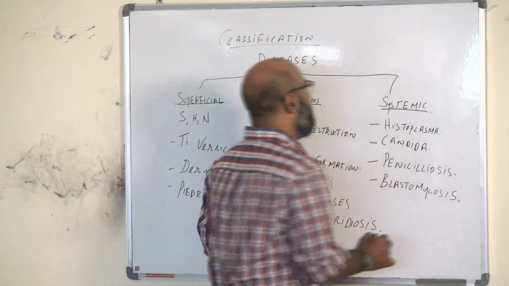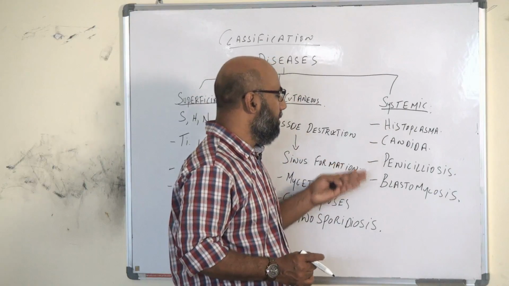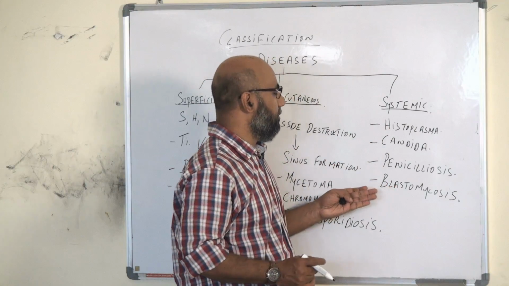So these are some of the examples of the systemic mycosis: histoplasma, candida, penicilliosis, and blastomycosis.